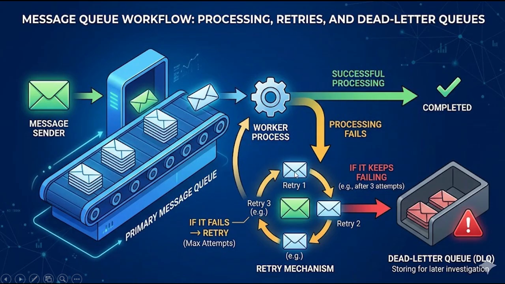If it fails, retry it. If it keeps failing, after the configured number of attempts, it will push it to the dead letter queue, so we can investigate it later. And if it is successfully processed, just mark it as completed.